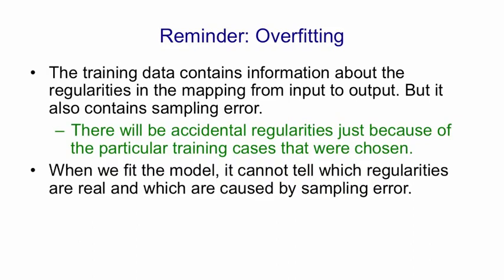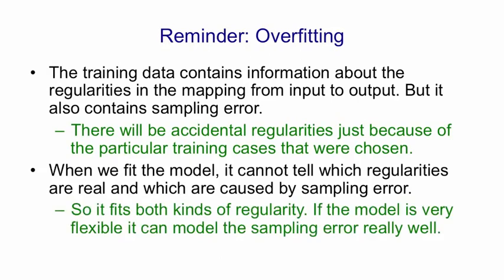So when we fit the model, it can't tell which of the regularities are real and would also exist if we sampled the training set again, and which are caused by the sampling error. So the model fits both kinds of regularity, and if the model's too flexible, it'll fit the sampling error really well, and then it'll generalize badly. So we need a way to prevent this overfitting.